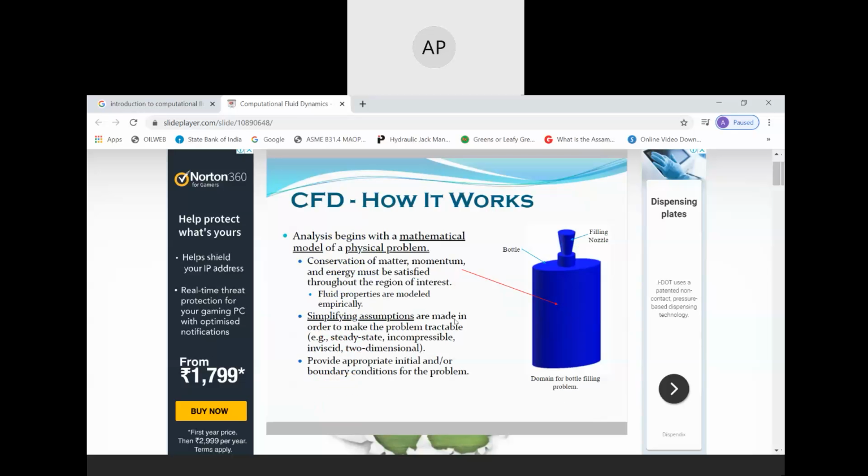Fluid properties are modeled empirically. Simplifying assumptions are made in order to make the problem tractable, for example steady state, incompressible, inviscid, two-dimensional. And it provides appropriate initial and boundary conditions for the problem.